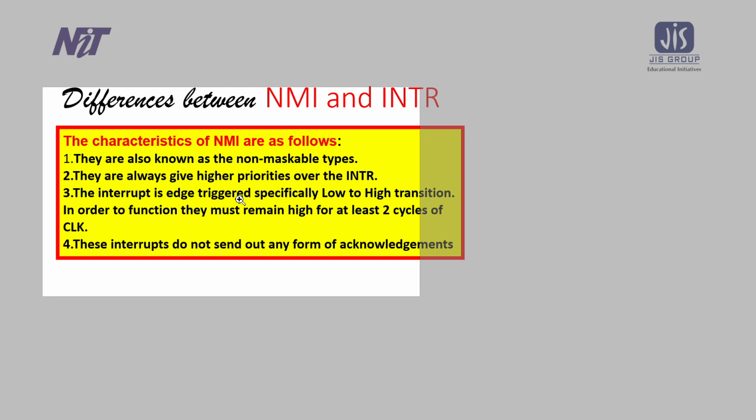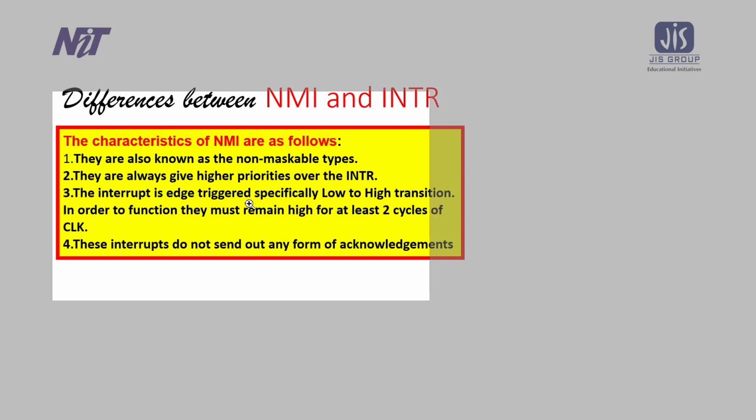Number 2, they always have higher priority over the other interrupts. Interrupt is edge triggered, specifically on a low to high transition. In order to function, the signal must remain high for at least 2 clock cycles. This interrupt does not send out any form of acknowledgement.